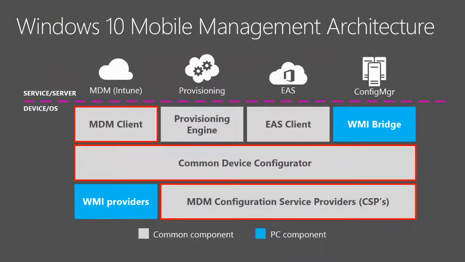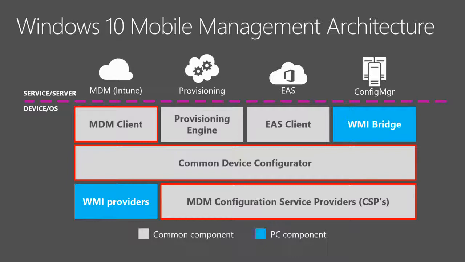So let's talk about the architecture of how Windows 10 mobile device management is structured. So first of all, there are many ways to manage devices. So we can manage a device through Config Manager. Most of you will be familiar with that. Config Manager client in general uses the WMI interface to manage settings on devices.